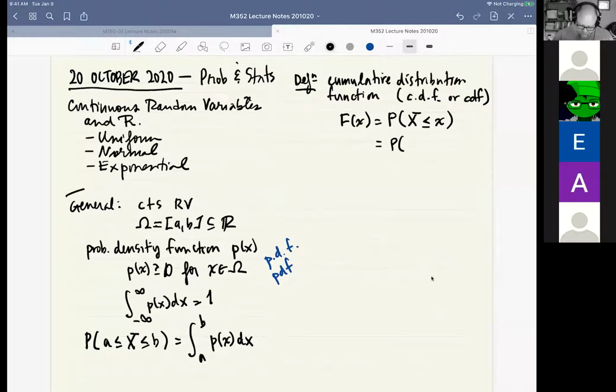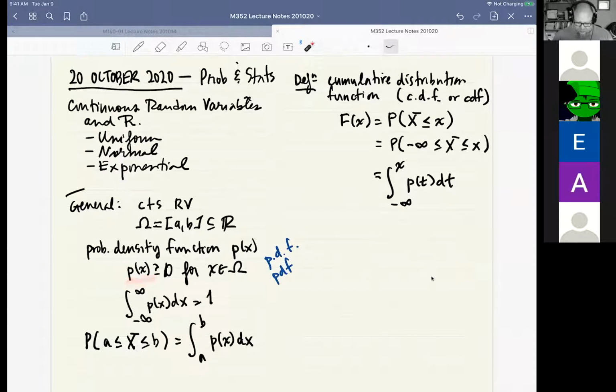So from the perspective of the definition of a probability, you can think of there's a minus infinity there, because the way we calculate a cumulative distribution function is we calculate that improper integral, the integral from minus infinity to x of our PDF. So today, for each of these distributions, I'll make sure that I talk about its density function, its cumulative distribution function, and we'll calculate some probabilities for each.